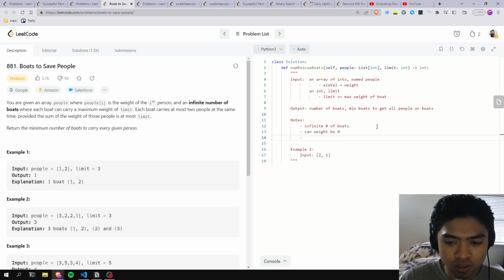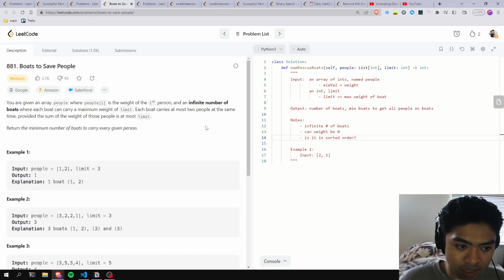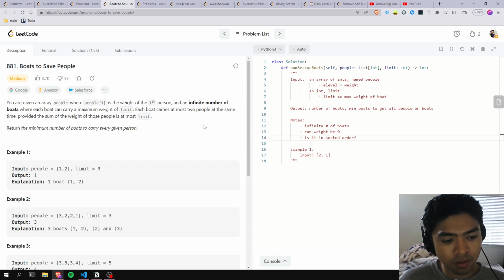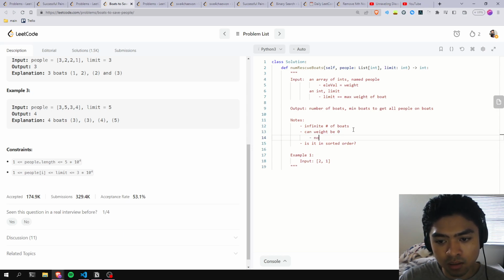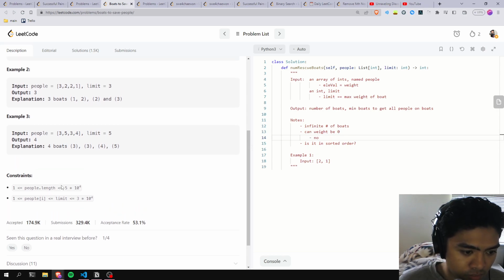And another question: is it in sorted order? I would ask the interviewer these questions because they just popped into my mind while going through an example. But in LeetCode, all you gotta do is scroll down. So the weight cannot be 0. Is it in sorted order? Looking at the example, it's not.